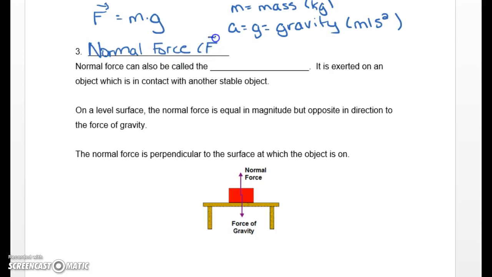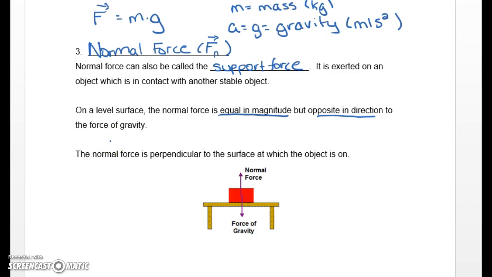That one is a capital F with a subscript N. Normal force can also be called the support force. It is exerted on an object which is in contact with another stable object. On a level surface, the normal force is equal in magnitude but opposite in direction to the force of gravity. This one is really important: it's equal in magnitude but opposite in direction from the force of gravity.